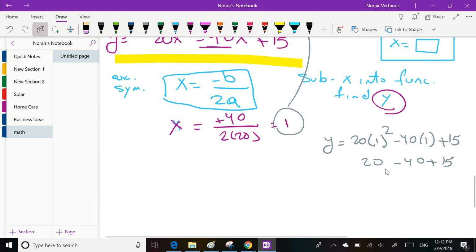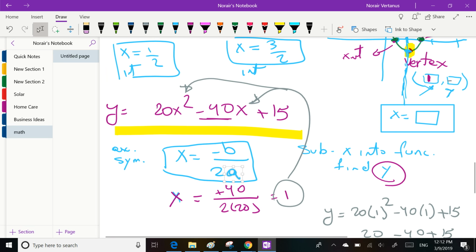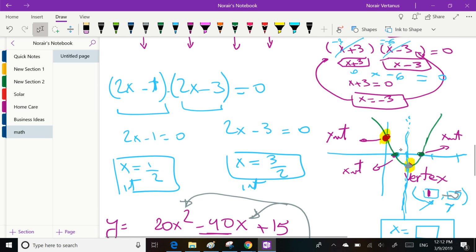So it's going to be negative 5. Right? y equal to negative 5. So that's y equal to negative 5 goes here. Now we found the vertex. The vertex is 1 and negative 5. See, that means the y value is negative 5. So that's how you find the vertex.